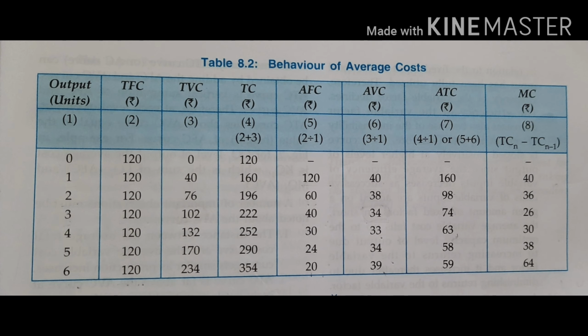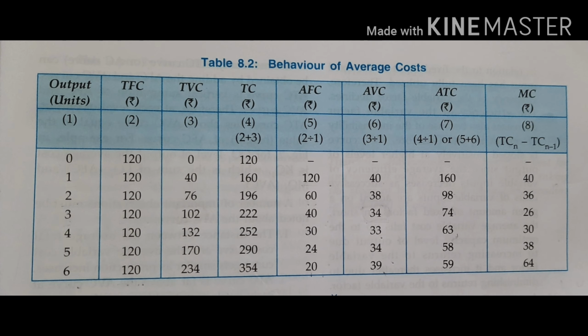And symbolically, the formula is MC of n is equal to TC of n minus TC of n minus 1. You use this kind of formula every now and then for deriving the marginal concepts. In the utility concept you have already used this, and in the production chapter you have used marginal productivity also.